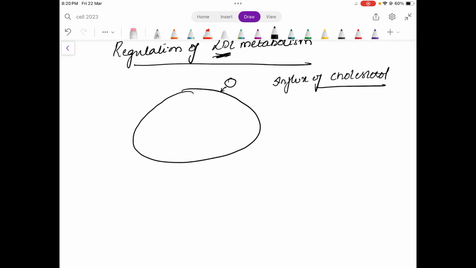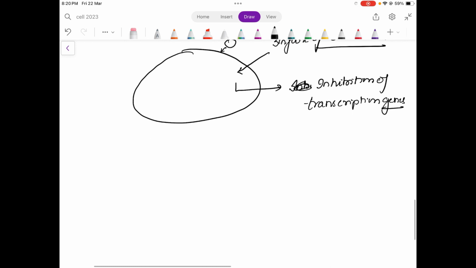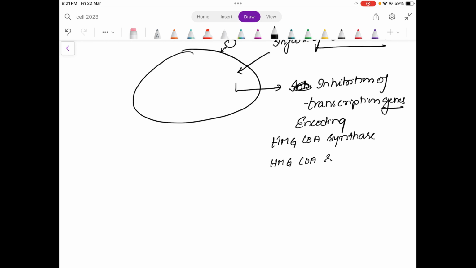This influx of cholesterol into the cell causes inhibition of transcription of genes which are encoding HMG CoA synthase and HMG CoA reductase.